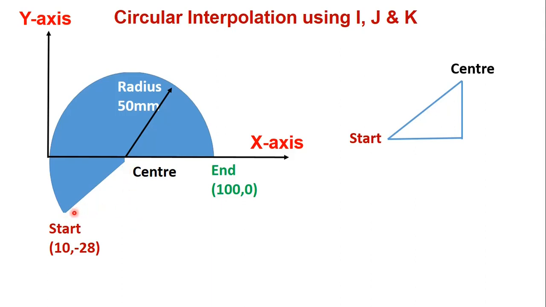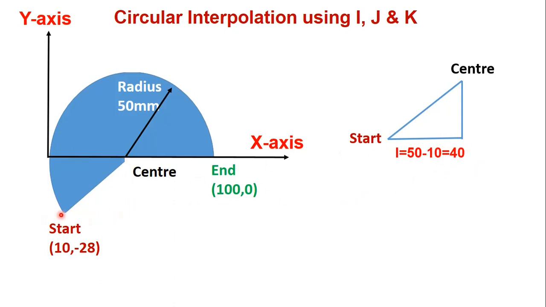So 50 minus 10 will give me this distance. That is what is written here, 50 minus 10, which is 40. This is in the X direction, that is I, and as it is in the positive direction, it is plus 40.